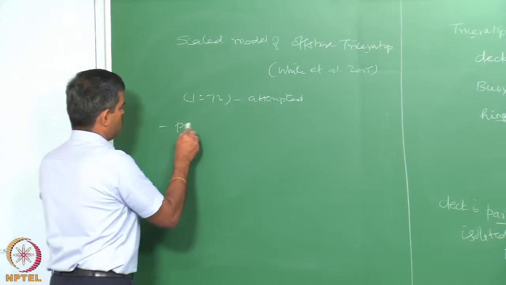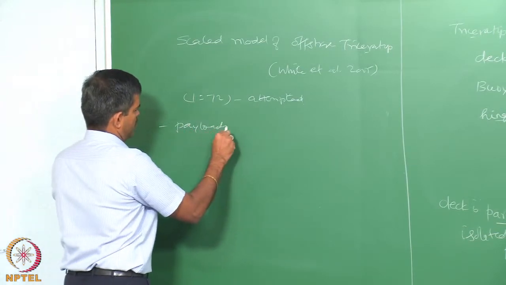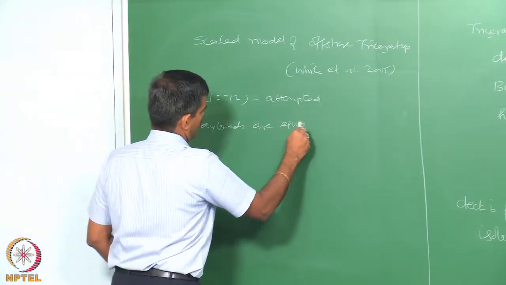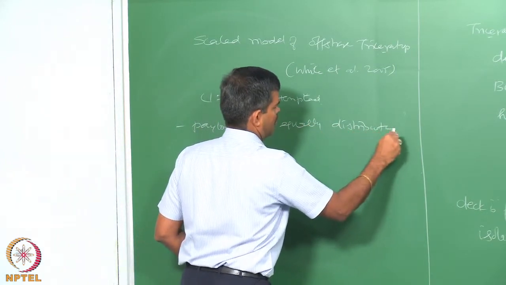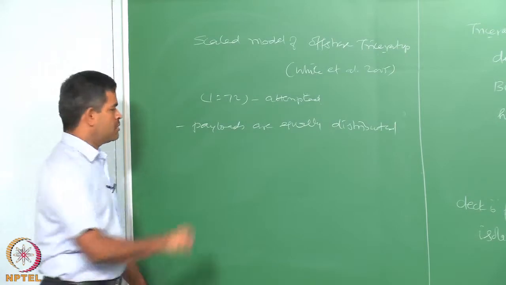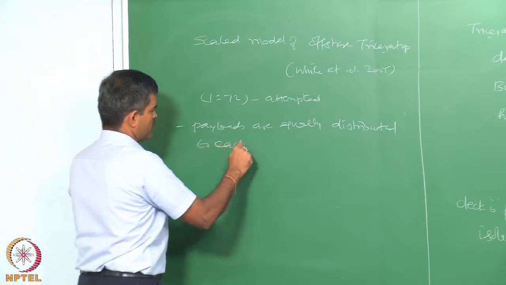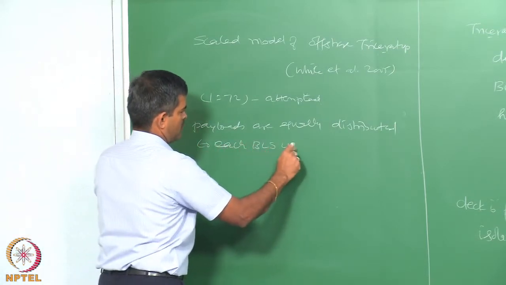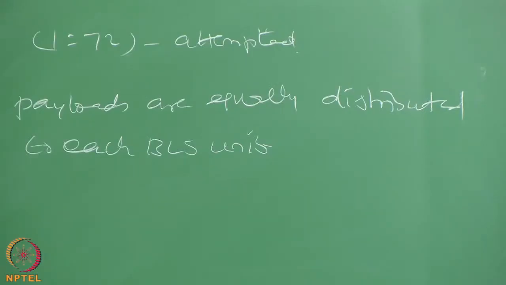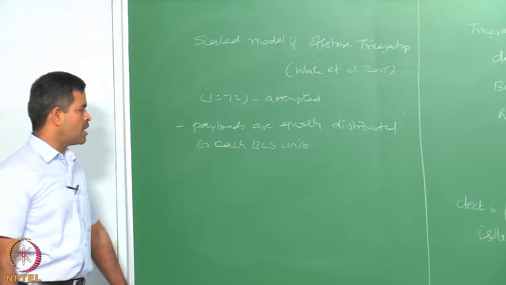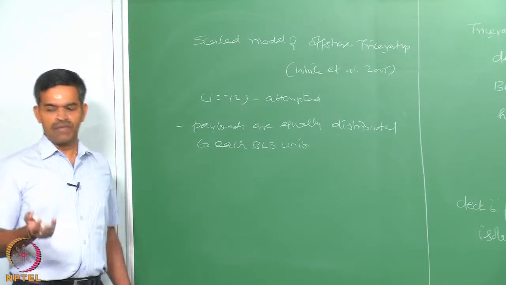Payloads are equally distributed to each BLS unit. So, this equal distribution helps to maintain the desirable center of gravity on the given system.